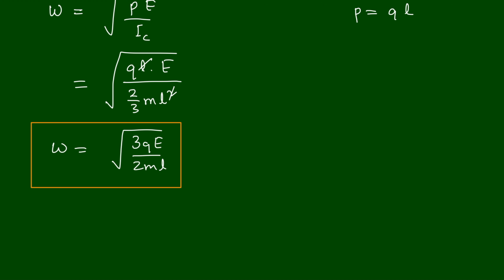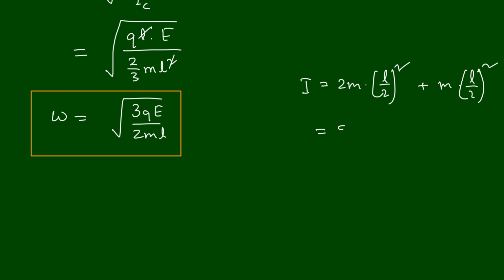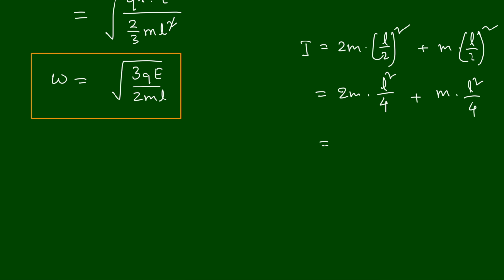But NTA has considered rotation from the center only. Then we will simply get the moment of inertia I equal to 2 times m into L by 2 whole square plus m into L by 2 whole square. That will give you 2 times m L square by 4 plus m L square by 4. Ultimately we will get 3 m L square by 4.